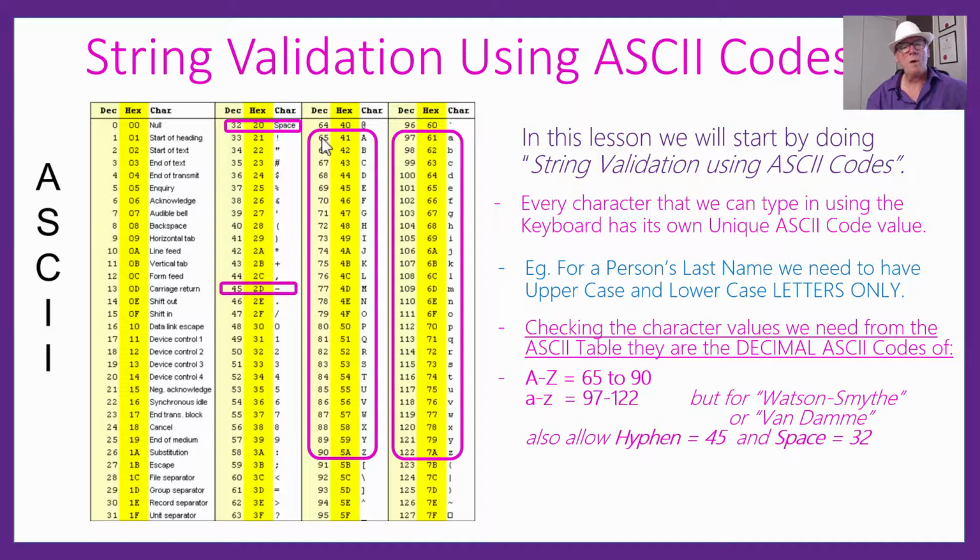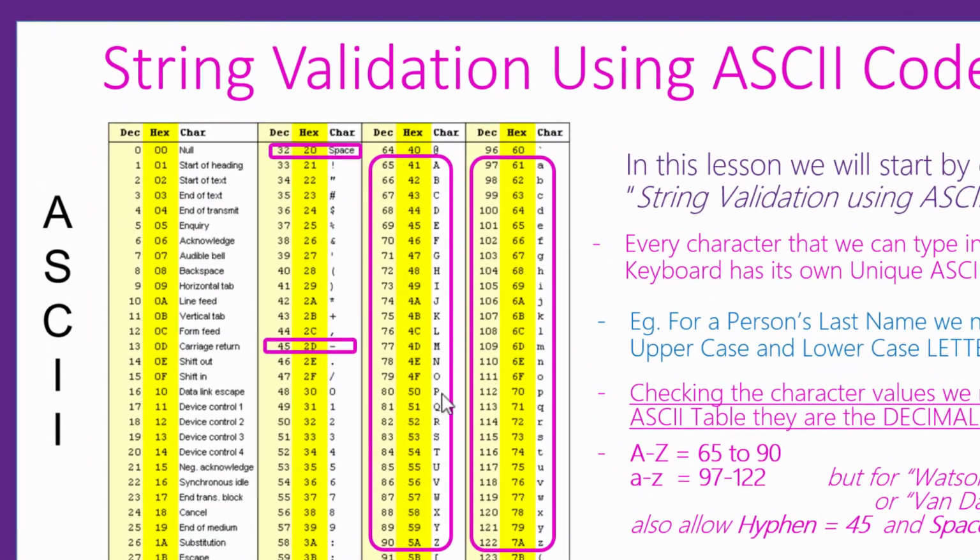If we're checking any letter within a person's name, just one position along that string of letters, we want to check that it's either a big letter, an uppercase one, or a little one, or some people like Watson Smythe and Jean-Claude Van Damme might have a space or a hyphen in their name. So you also have to allow spaces and hyphens, which are number 32 and 45.